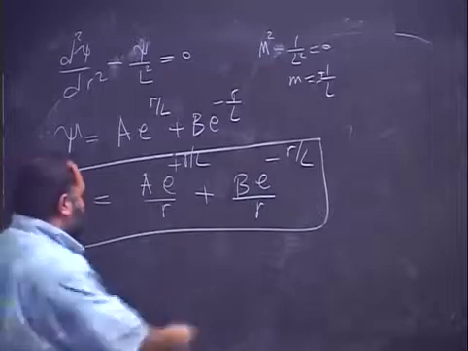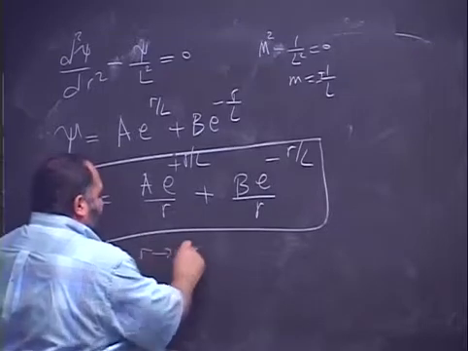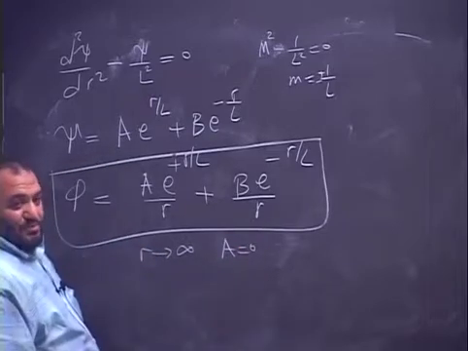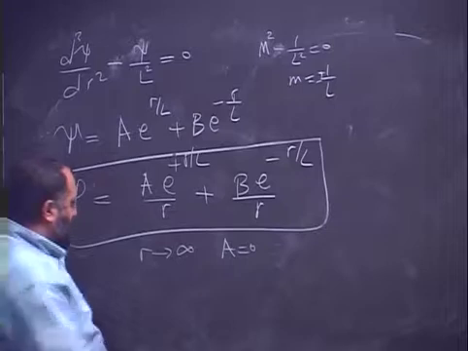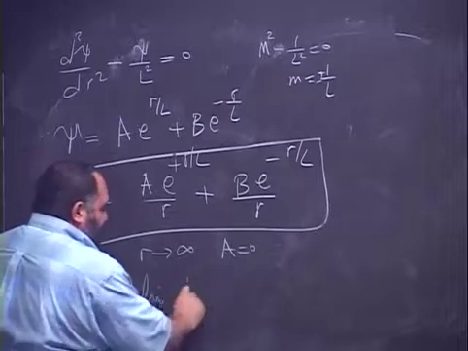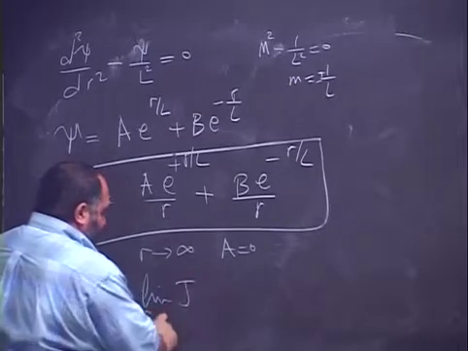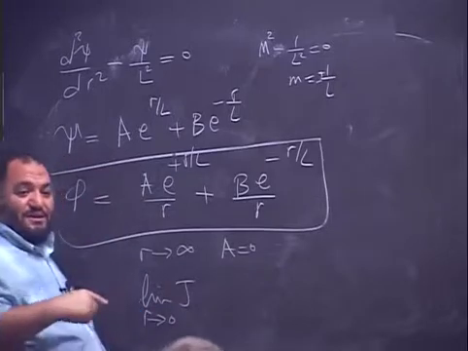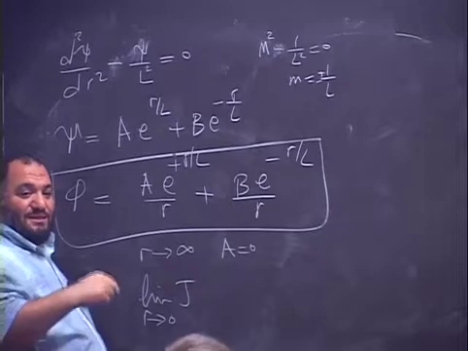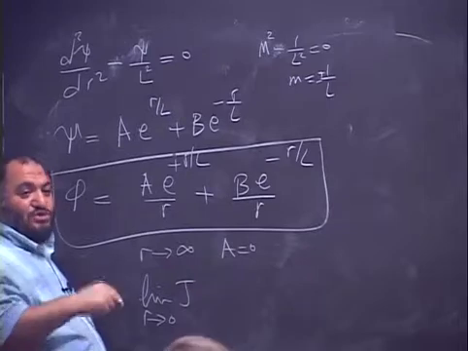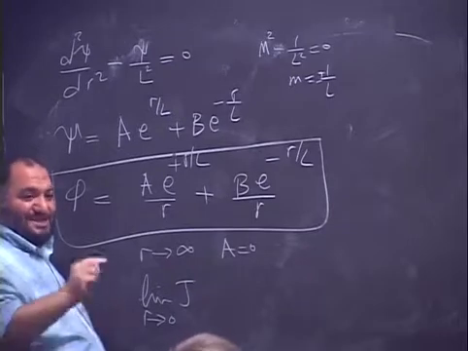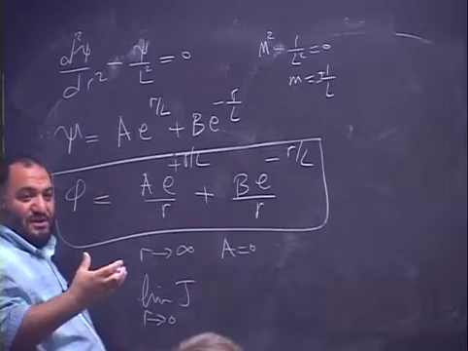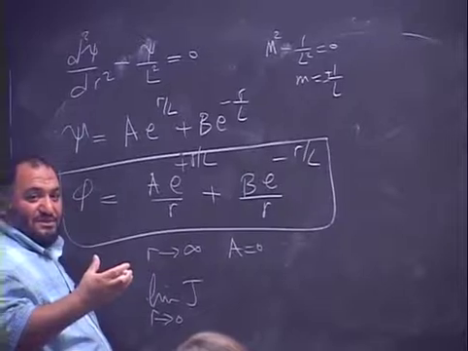So this is the first thing. r goes to infinity, A should be equal to 0. The second one is the source term. What's the source term? What do you expect? Limit for the current when r goes to 0. The current is number per centimeter square per second. But the source emits number per second. So I have to multiply by the area. And surface area for the sphere is what?